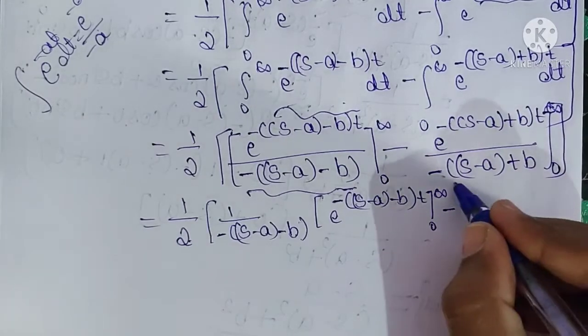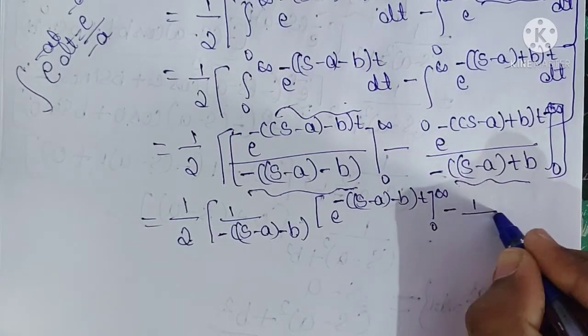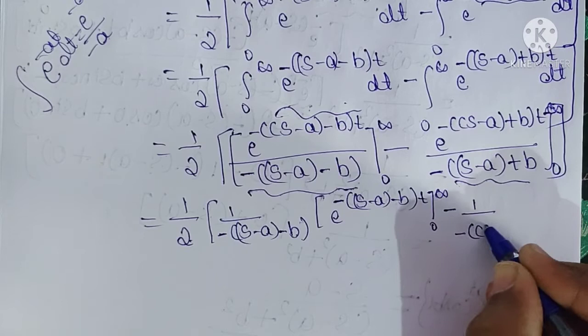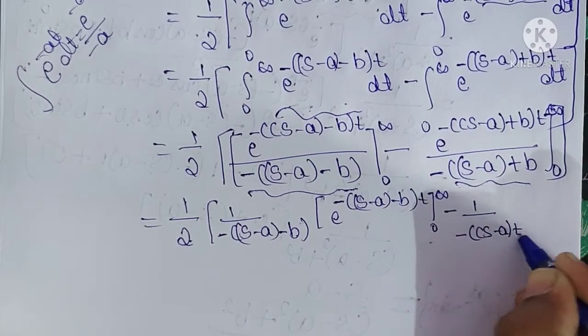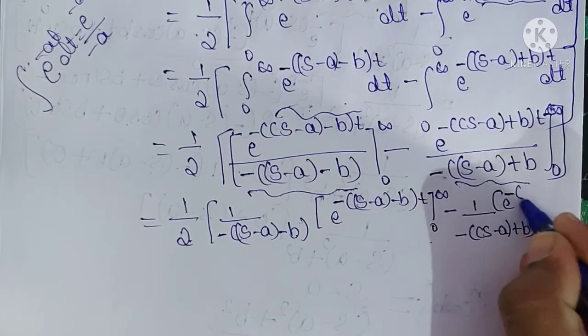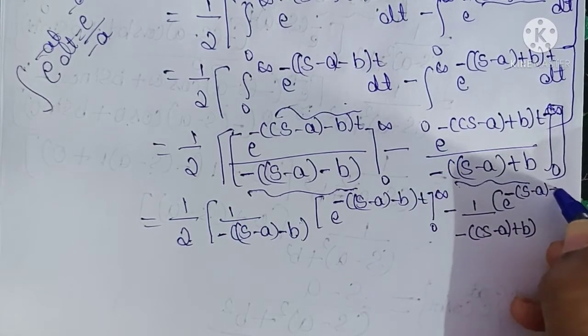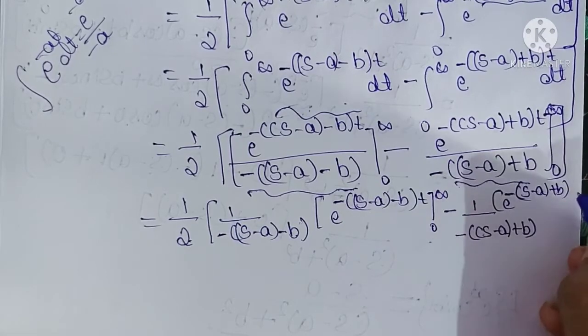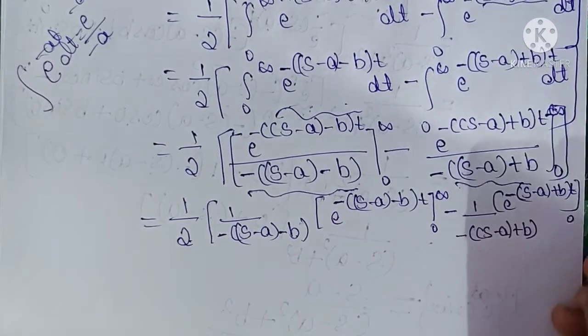Minus, here also you take this constant term out, remaining 1 divided by minus s minus a plus b. Here e power minus s minus a plus b of t, 0 to infinity.